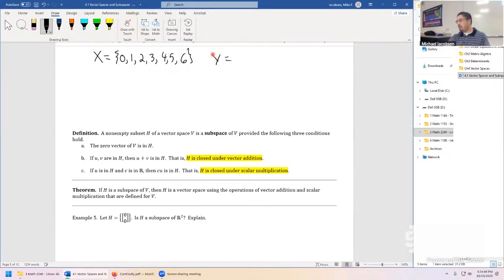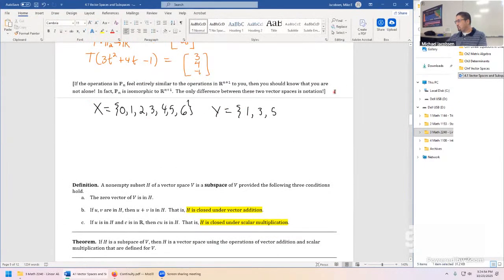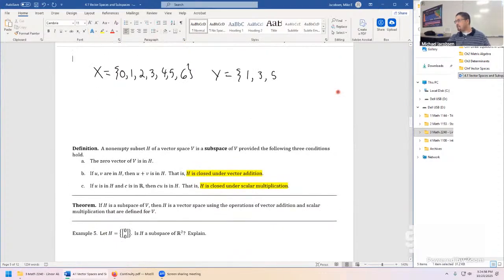I'll let a new set Y be 1, 3, 5. New set. Let's not use Z because that might feel like a zero vector. Let's call this one W. Let's let this one be 2, 4, 6, and 8.